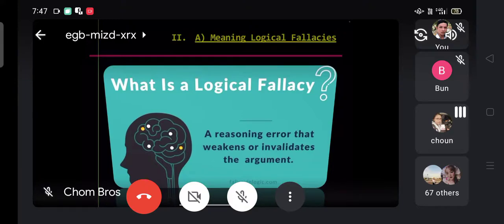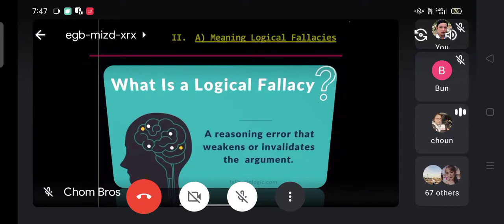A logical fallacy is an error in reasoning common enough to warrant a fancy name. Knowing how to spot and identify fallacies is a priceless skill, and it can save your time, money, and personal identity.